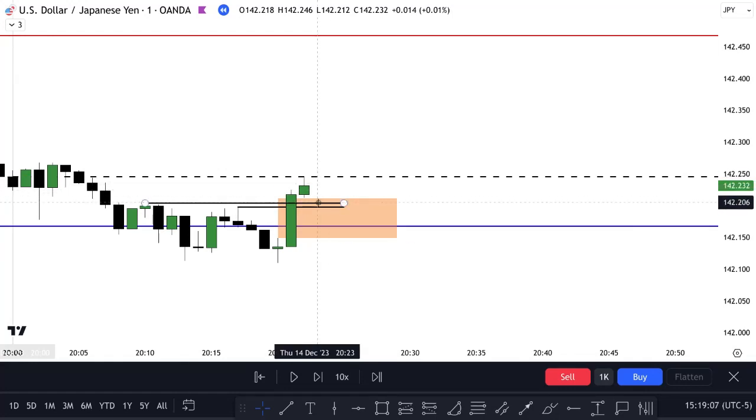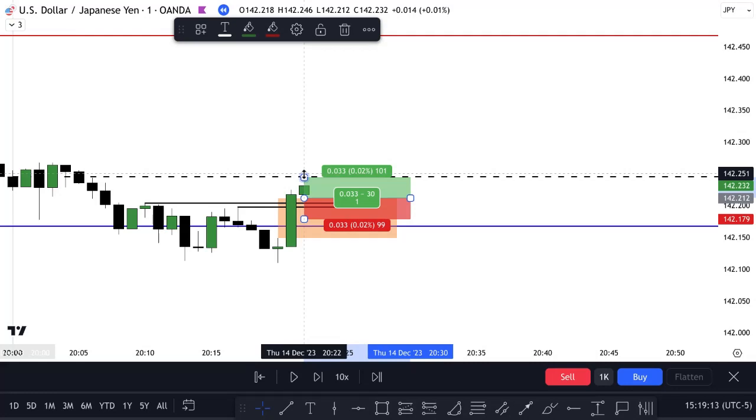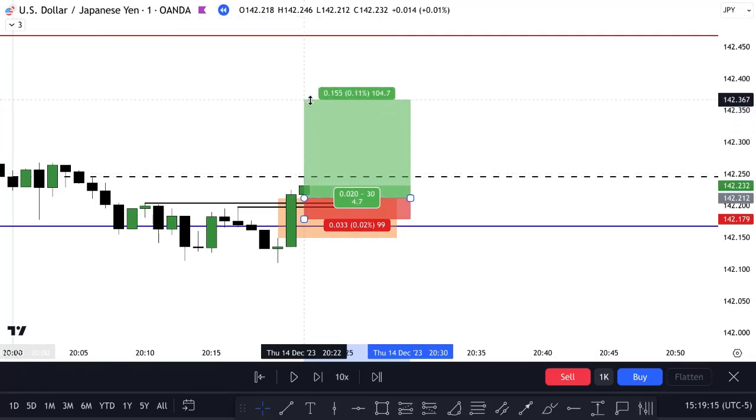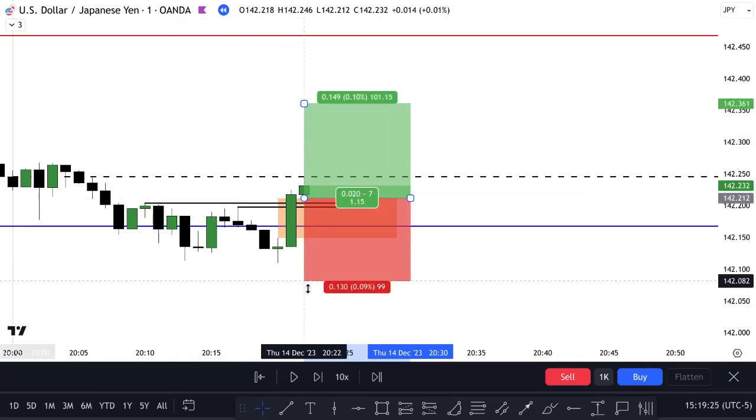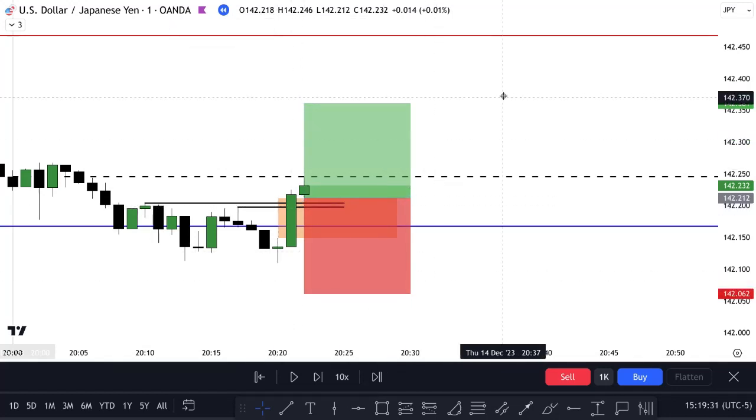I'm going to be looking for a 1-to-1 scenario. So I'm going to be risking 15 pips to gain 15 pips. Close enough. So I'm looking for a 1-to-1 scenario. And then I'm going to see what price does here at this point.